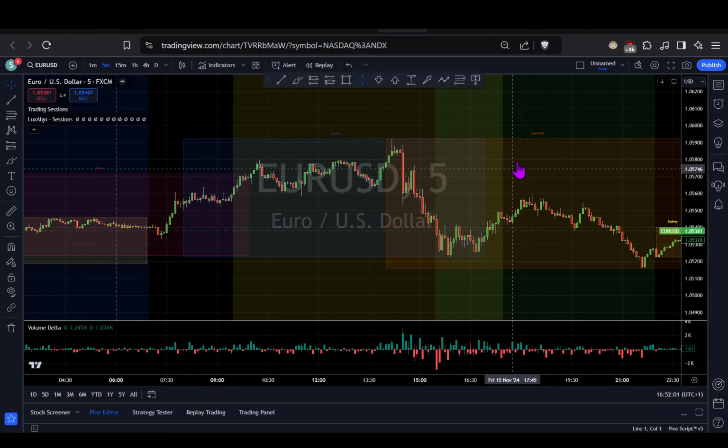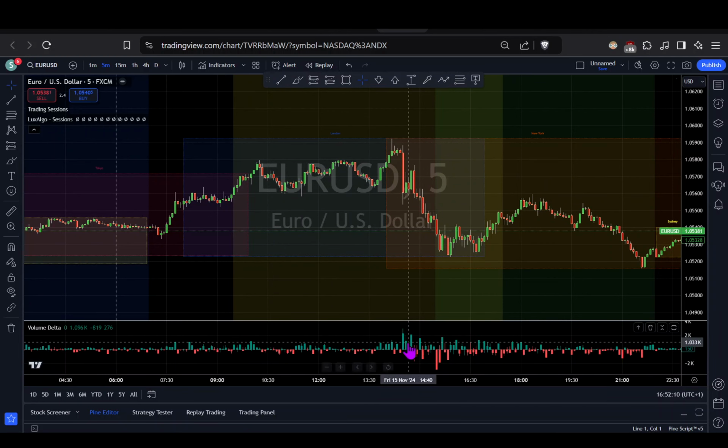Notice here, for example, New York, the red square, we got some action here, and then suddenly bam, it's a shift of power. A lot more power. In this particular case, we went up when New York started.